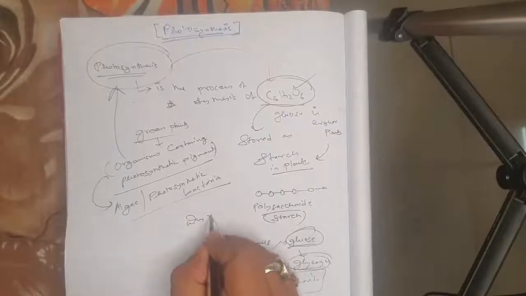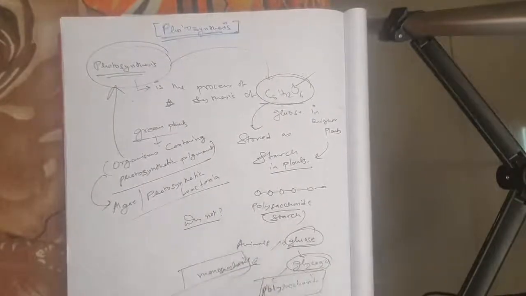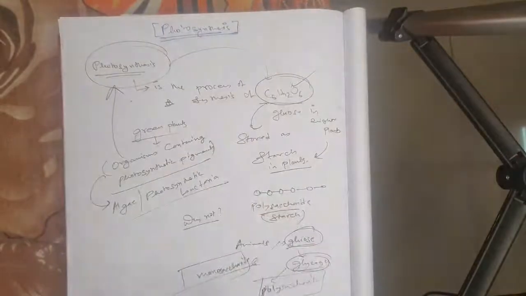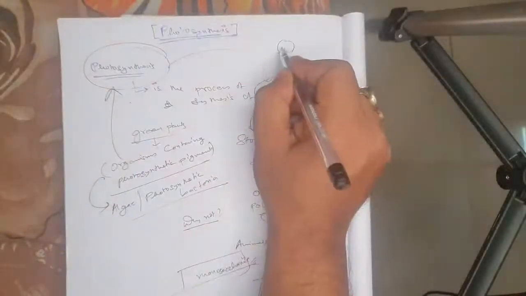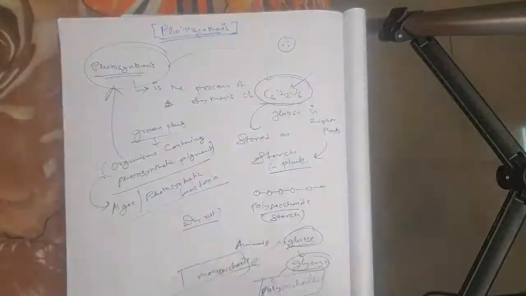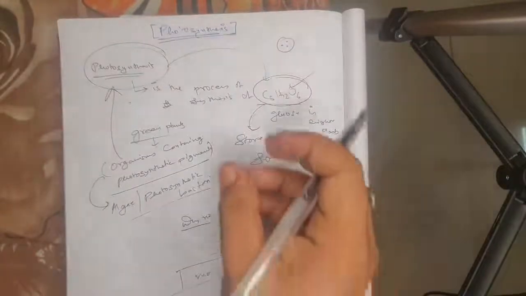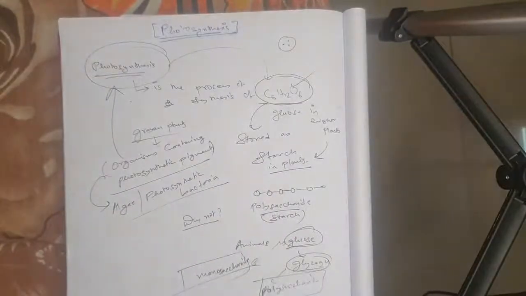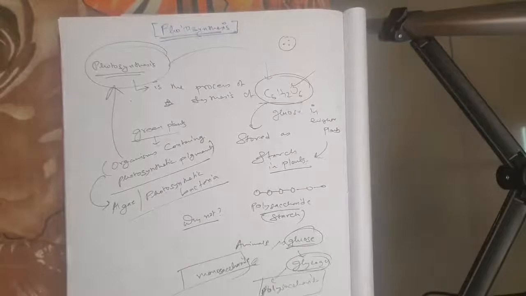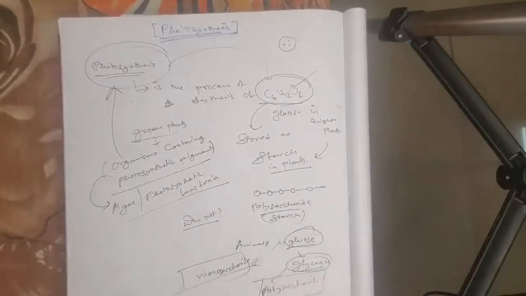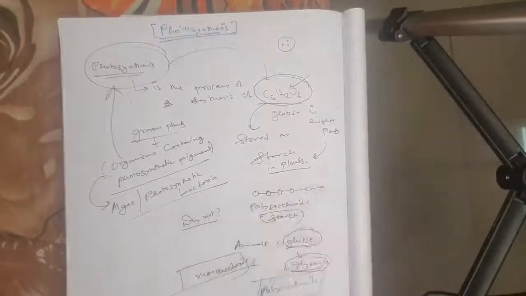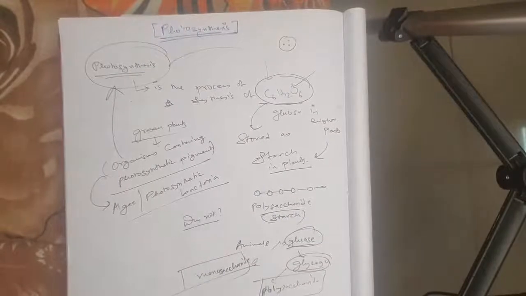Why not stored as glucose? Why do we need to store it in the polysaccharide form? Because if stored as glucose, it would disbalance the osmotic concentration inside and outside the cell, which would result in bursting of the cell, and hence it is always stored in a polysaccharide form. Now this is the reason.